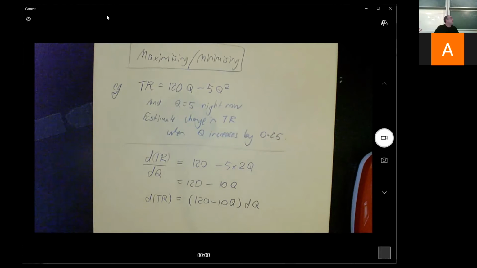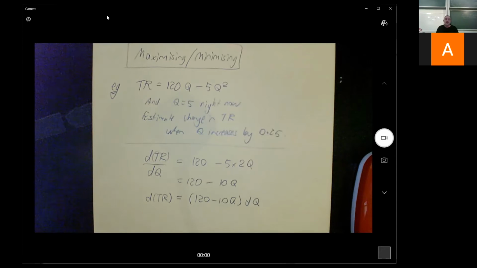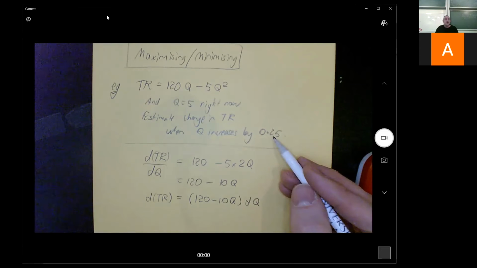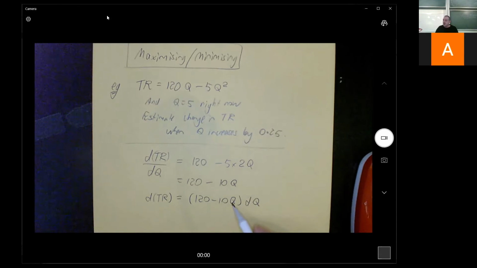All right. And so I can estimate, if I know that the change, the D stands for difference, if I know that the difference in Q is 0.25, and I know that the current value of Q is 5, then I could sub those into this spot to figure out what the change in TR is. Does your lecturer use a triangle for change? Yeah.